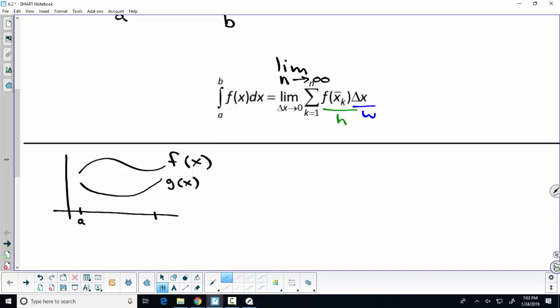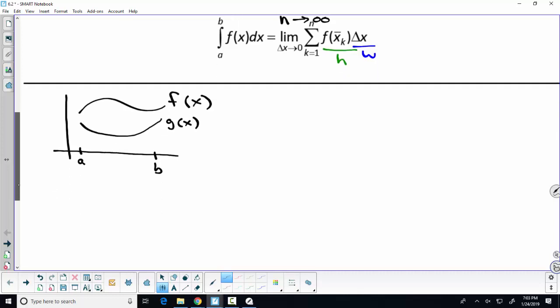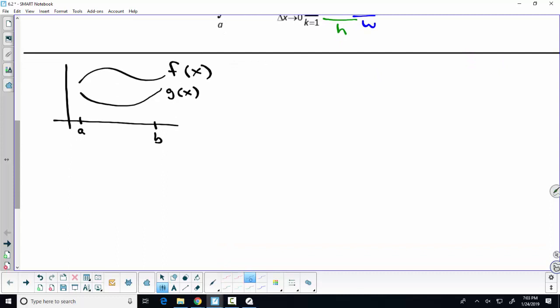Let's just say b is right there. So I want to know the area bound by these two curves instead of just the one curve and the x-axis. The idea is identical. We're just going to fill this region up with a bunch of rectangles. That's the slice and sum method, sometimes they refer to it. You just slice it up, sum all of those things up.